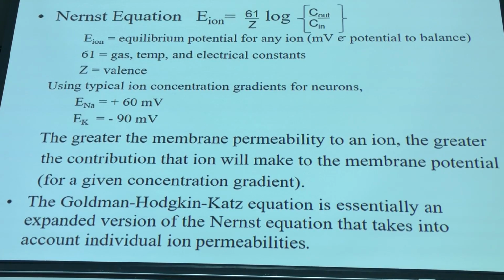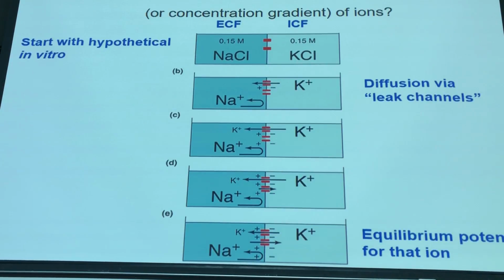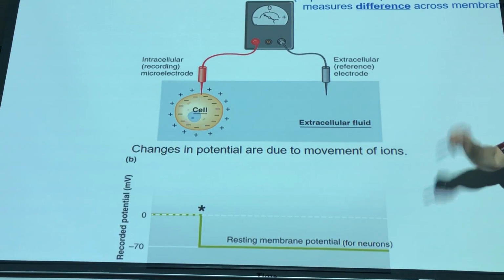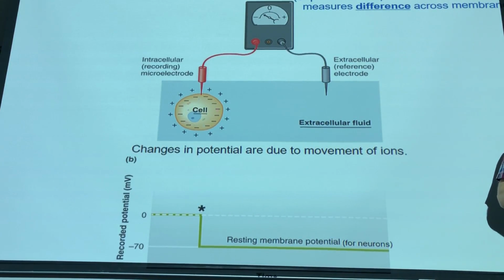So again, if you had this situation, okay, and you were measuring sodium, then your voltmeter would say plus 60. And if you were measuring potassium, your voltmeter would say minus 90.